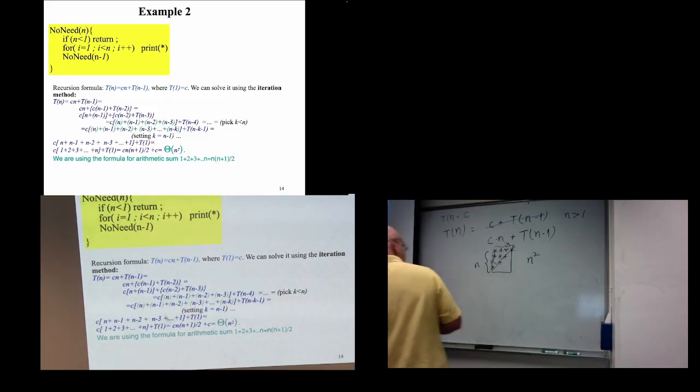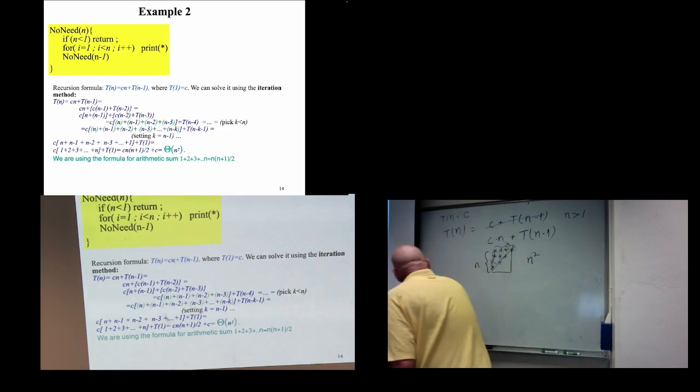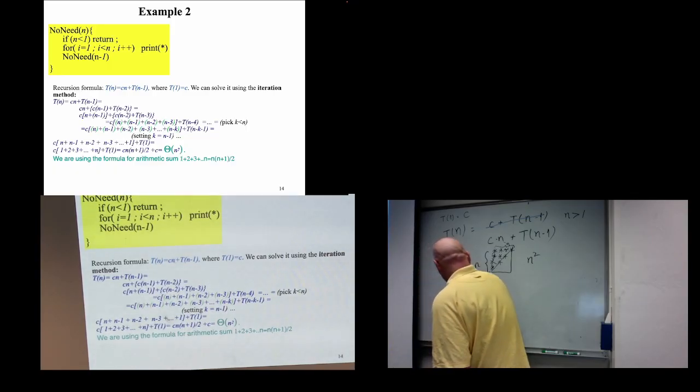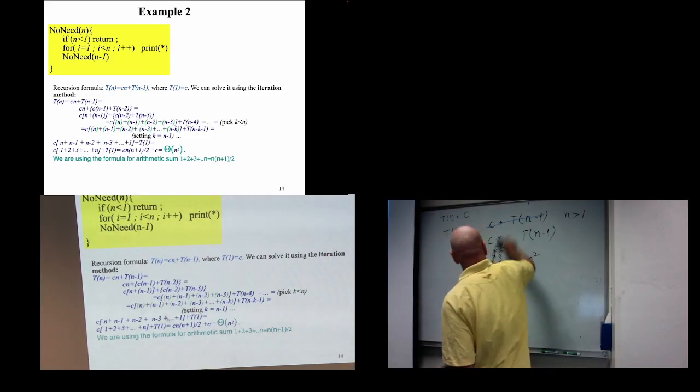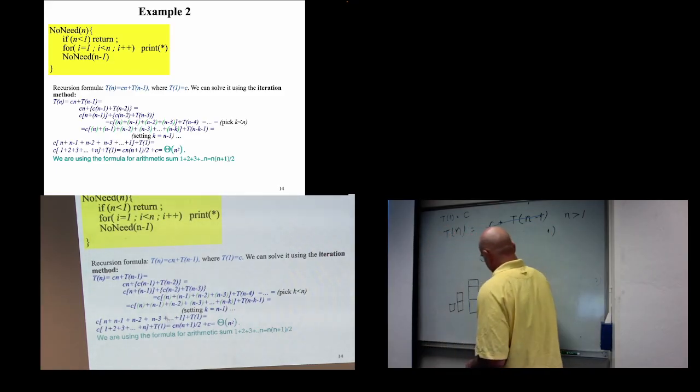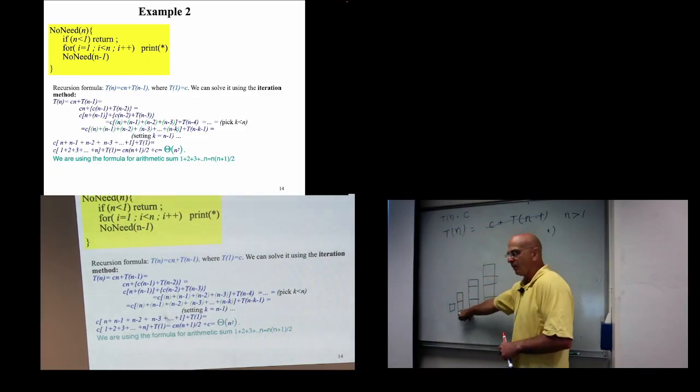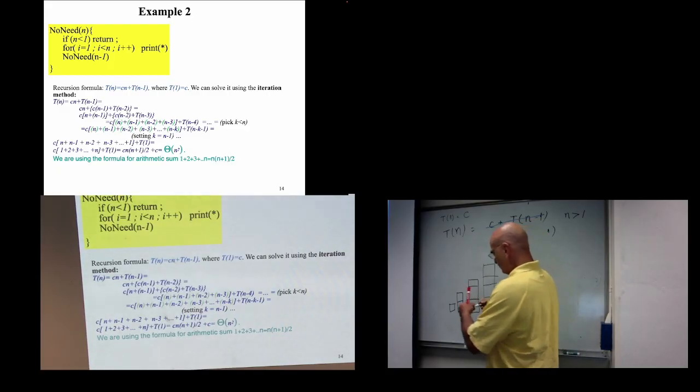Or another way to think about it is if you're summing up 1 plus 2 plus 3 plus 4, I want to ask how many squares there are over here.